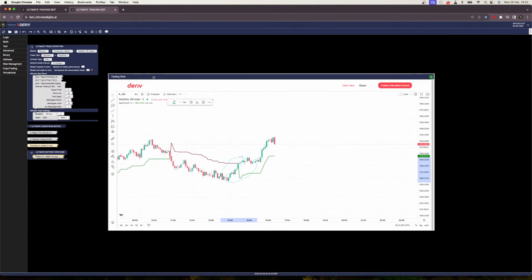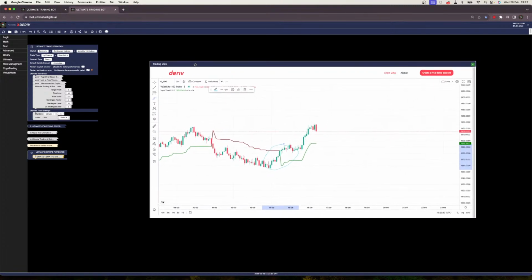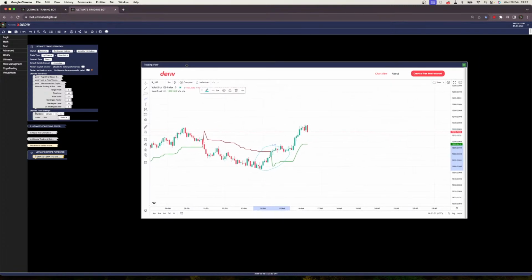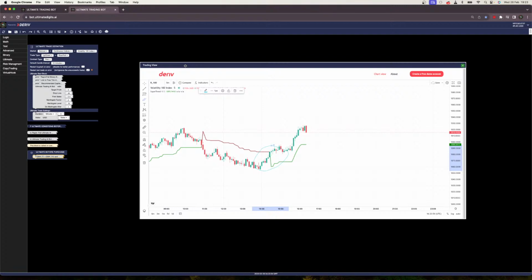So right now we are waiting to run the bot on volatility 100 index uptrend setups. Let's begin. Hit the run button, then the bot will prompt you with some messages. You should read through all that.